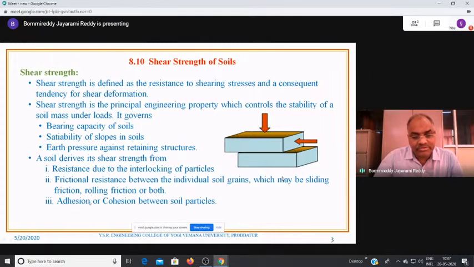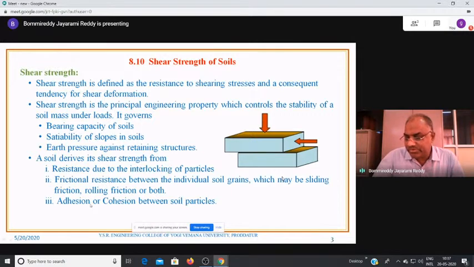And sometimes the clay may be very pure clay, perfect pure clay. In such a case, the entire shear strength depends on the cohesion only. Again, I'll tell you one thing. For granular soils, first two parameters are important. For cohesive soils, the second two parameters, that is frictional resistance and cohesion, are important.